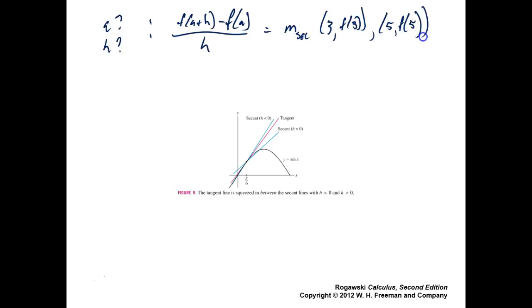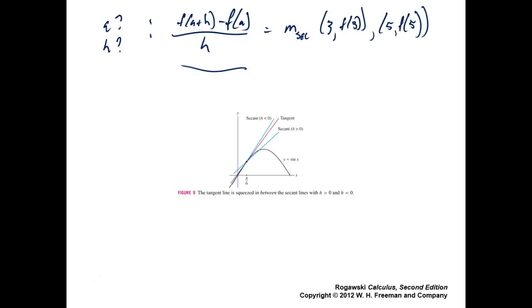Okay? Says find the a and the h such that this thing here is equal to the slope of the secant line between those 2 points.